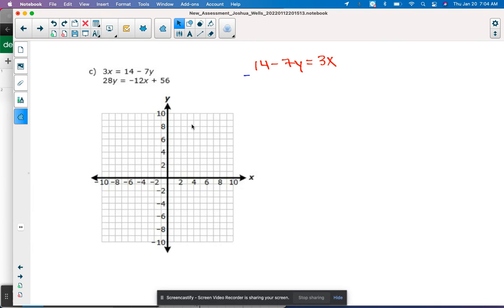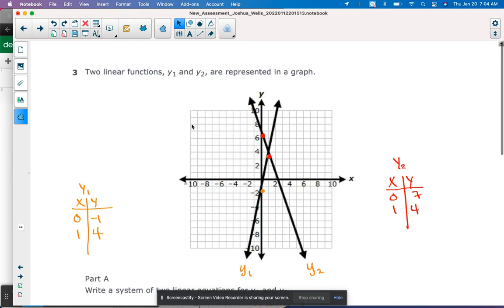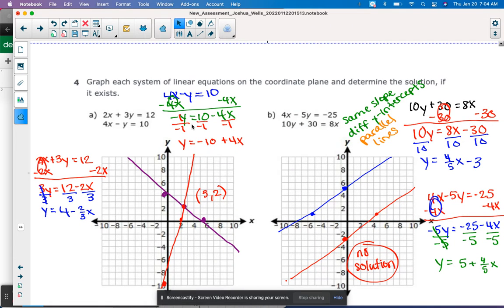So I'm going to start off by subtracting 14 from both sides. And we get, oops, this zeroes out, and -7y equals 3x minus 14.